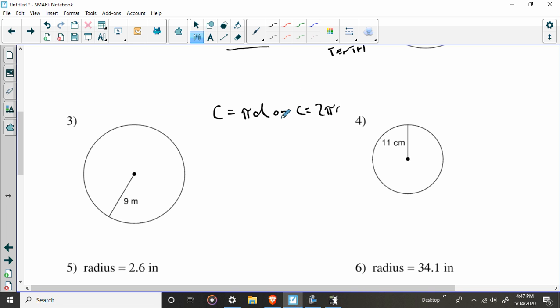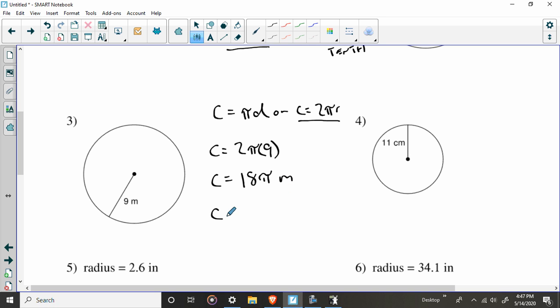But if you wanted to, if the radius is 9, you know the diameter is 18, so you can put that in here. But let's go ahead and stick to this one. So my circumference is equal to 2 times pi times 9. Don't forget, multiplication is commutative, so you can do this in whatever order you want. So your circumference is 18 pi meters. Okay, so that's in terms of pi.